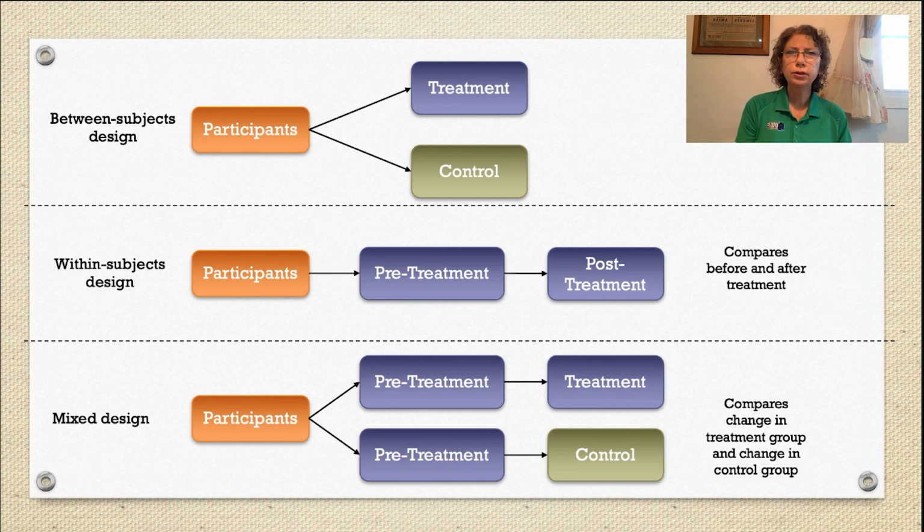So we're going to look at some of the basic types of experimental designs. They fall mainly into two groups, between subjects designs and within subjects designs. Here's a basic graphic I have for you. In a between subjects design, the participants are put into either the treatment group or the control group.